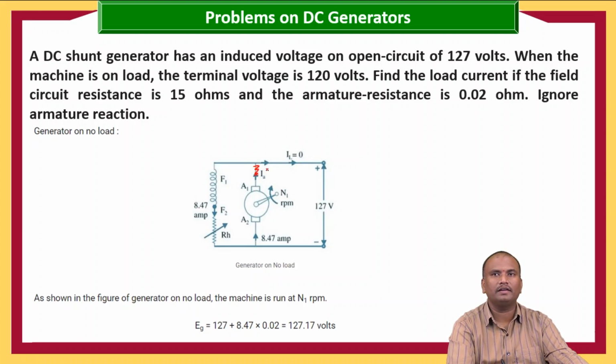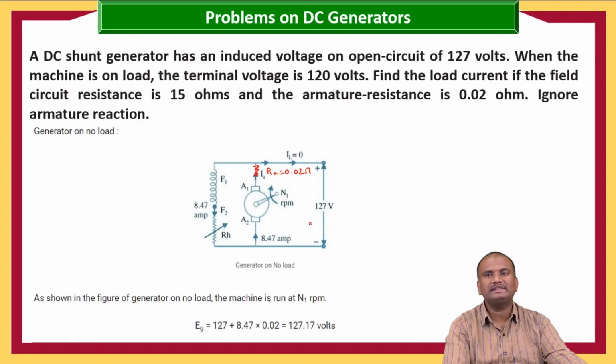Here let us consider the armature resistance which is 0.02 ohms. Now this is the generator circuit that is on no load. The machine runs at N1 RPM, where Eg is equal to 127. Eg is equal to Vt plus Ia Ra, that is 127 plus Ia into Ra, that is 0.02.